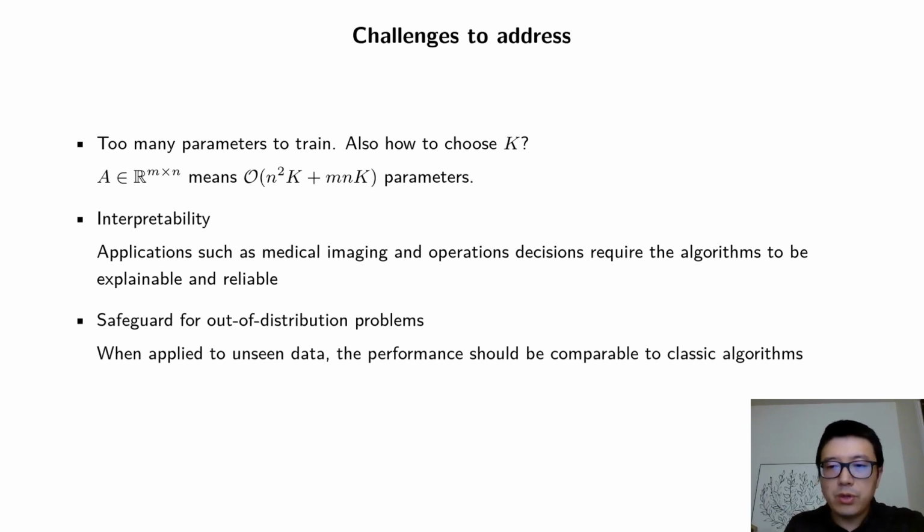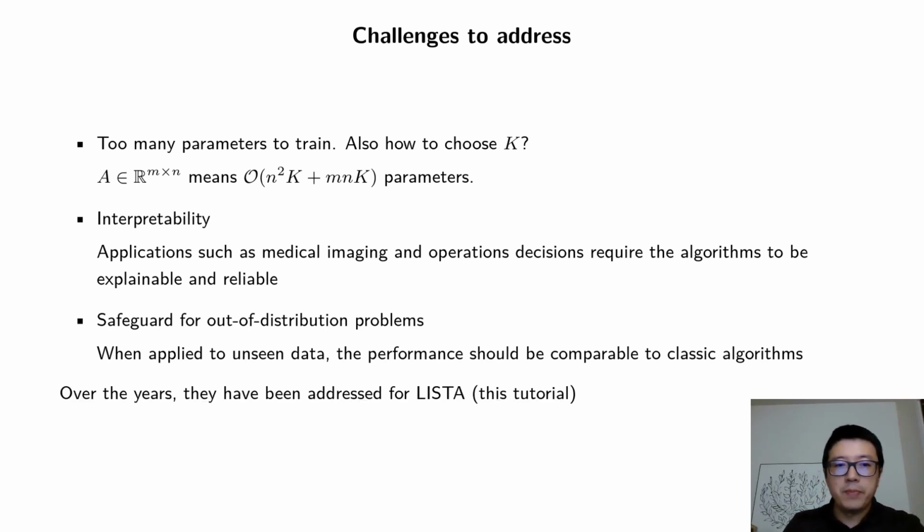So they tend to require the method to be more like a white box, explainable, and explainability is often associated with this notion of generalization and reliability. Also, when you apply a learned algorithm to out of distribution data, you would naturally require a certain kind of safeguard such that the performance will be at least comparable to classic algorithms. And these are the challenges of algorithm unrolling.